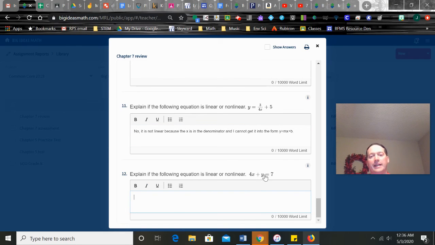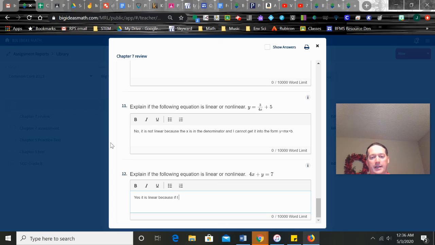Explain if the following equation is linear or nonlinear. Well, can I get this into the form y equals mx plus b? Yes. If I subtract 4x from both sides, I will have that equation in the form y equals mx plus b. So yes, it is linear.